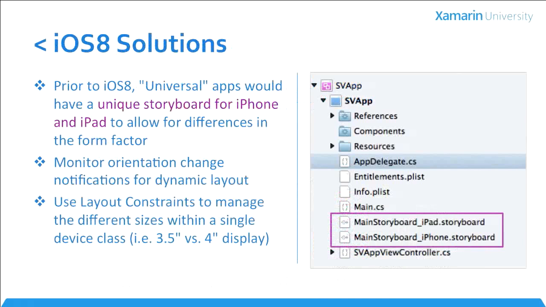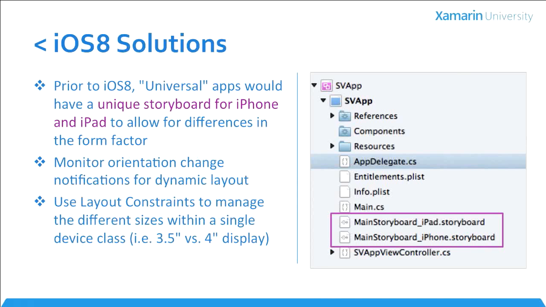Now, there were some solutions to this problem back in iOS 7 and really iOS 6. So in iOS 6.1, Apple introduced the concept of auto layout with constraints. And if you're not familiar with auto layout and constraints, simply put, it allows us to size and position our views relative to one another, as opposed to just hard-coding positions and widths and heights.